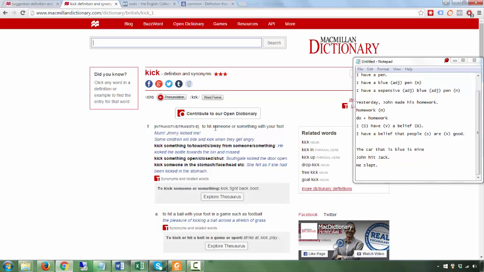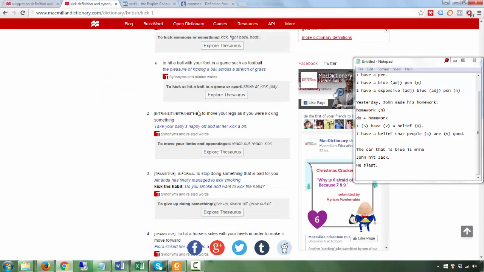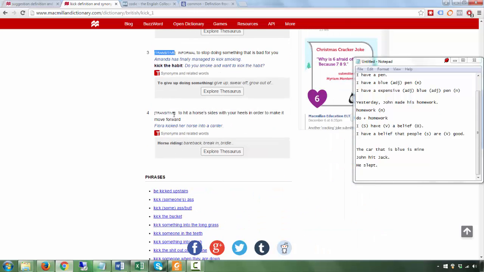Sometimes you have a verb which in all its uses is transitive. That means it requires an object directly after, always. And sometimes you have a verb which in all its uses is intransitive. But most of the time it could be both, depending on the meaning. In this meaning, you see, it can be used in both ways. This meaning also both ways. This meaning only transitive. This meaning only transitive.